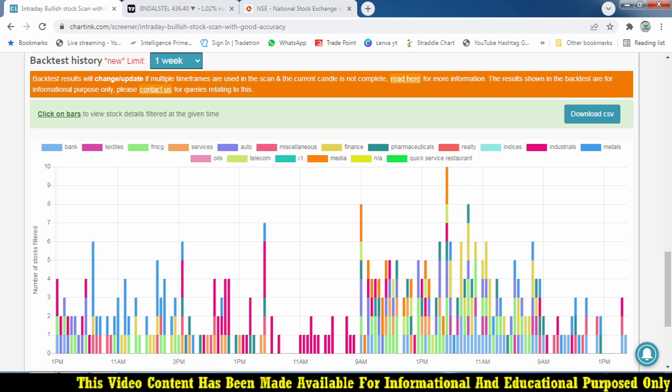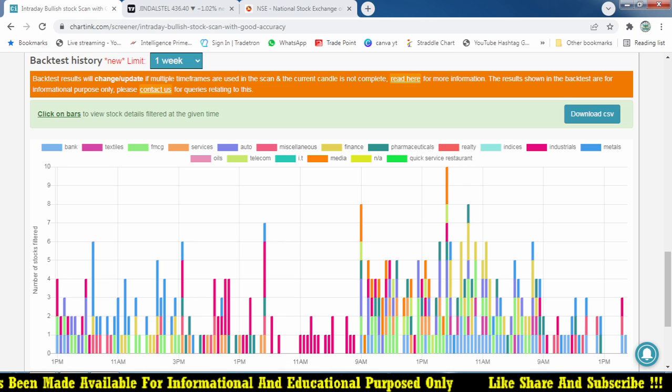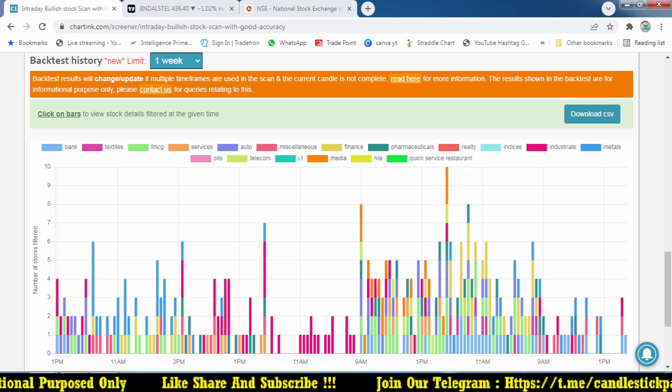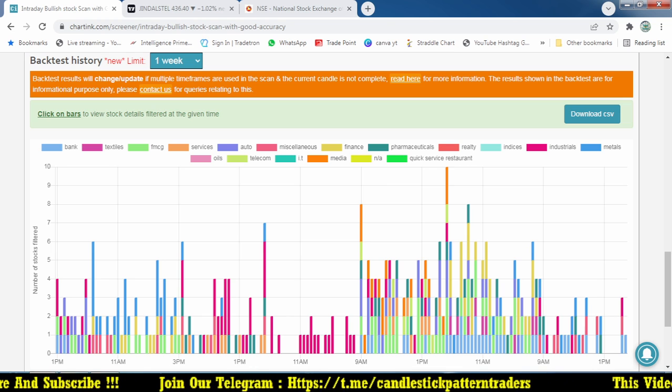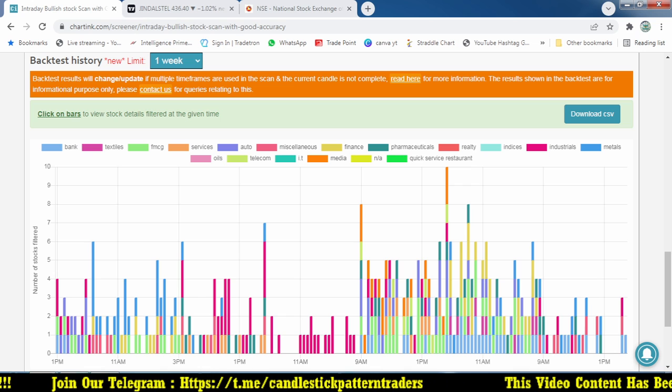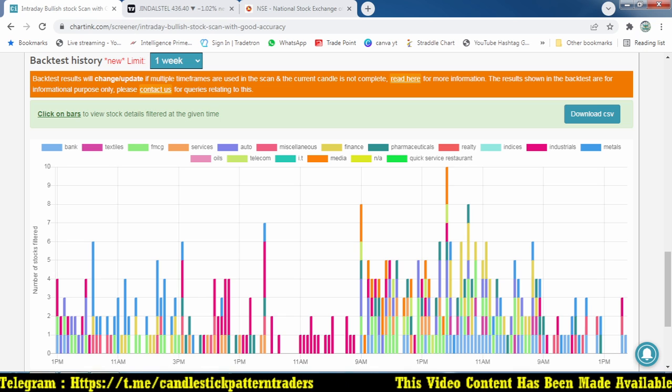I'm going to use my candlestick pattern trader, so that it will give you a message on my Telegram channel whenever you get a new alert on a stock. That will give you an idea to do the trade.